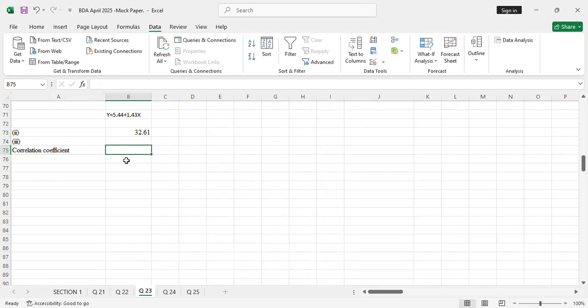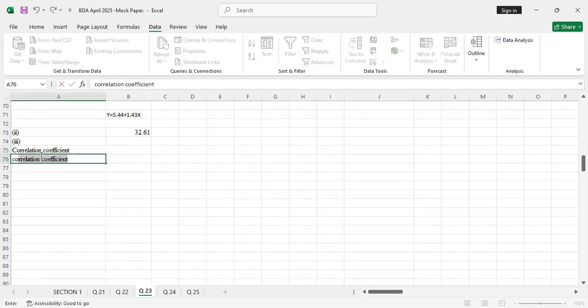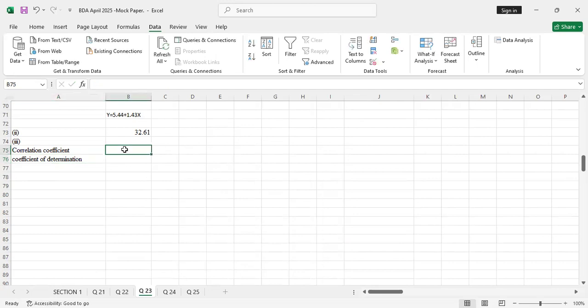So how do you know the correlation coefficient? And we have the coefficient of determination. Correlation coefficient and coefficient of determination.